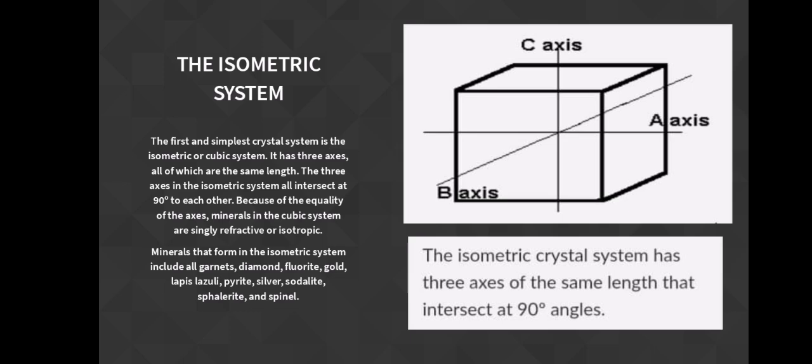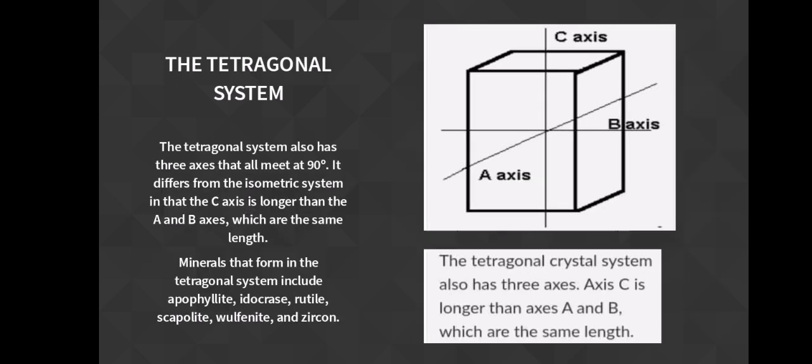Minerals that form in the isometric system include all garnets, diamonds, fluorite, gold, lapis lazuli, pyrite, silver, sodalite, sphalerite, and spinel. So, ganito identify ang isometric system.